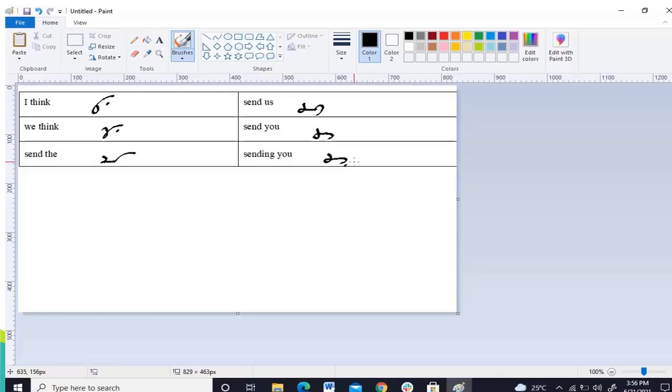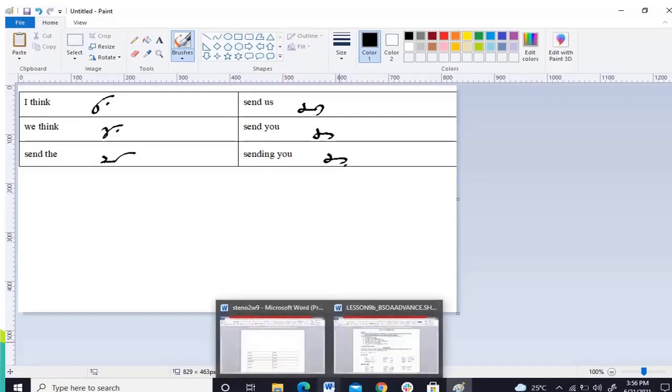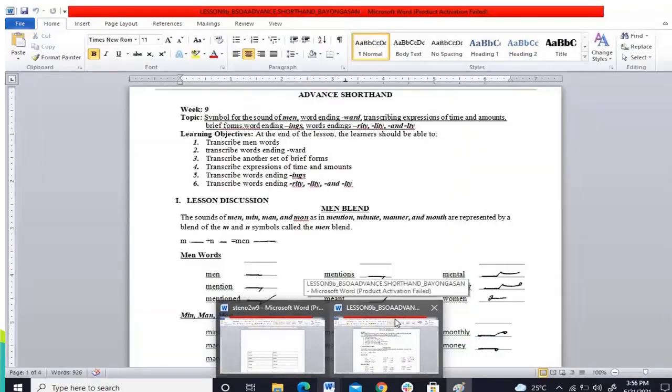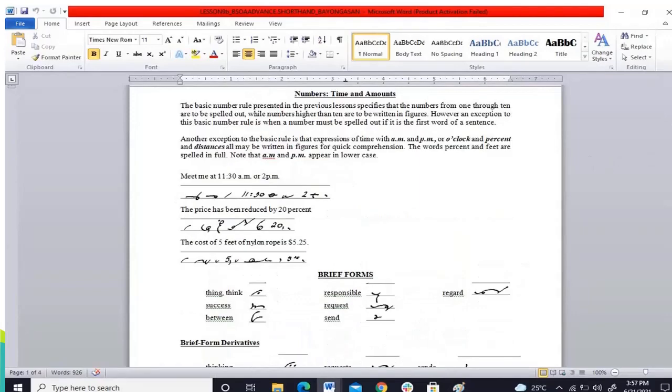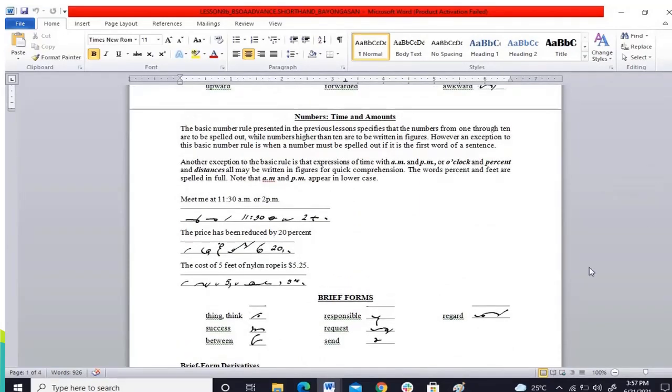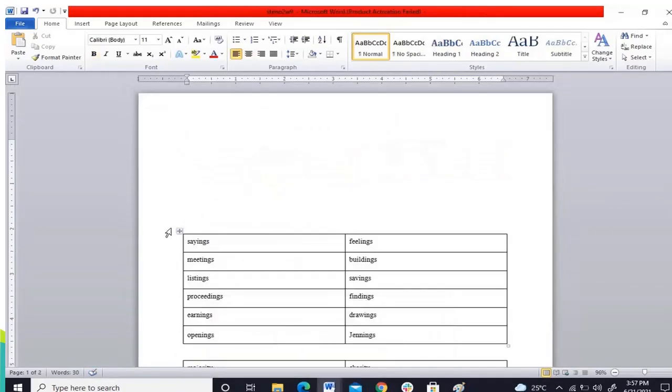Now, we have our INGS words. Yung ating mga INGS words. Check ko nga lang muna itong ating lesson, ha? Okay. So, ano yung ating mga INGS words?